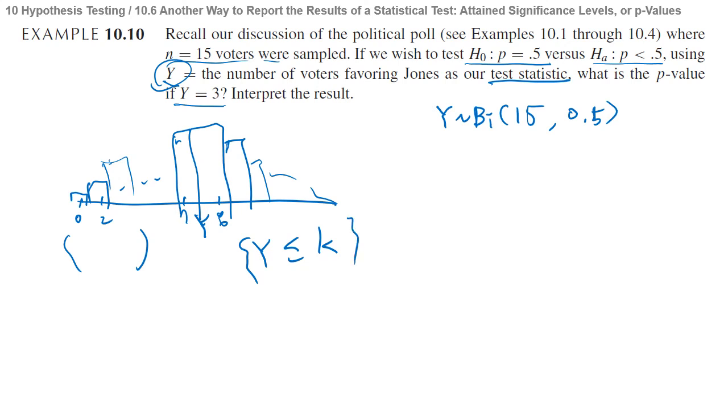For alpha, you can calculate it if alpha is decided, but that's not needed. We want to calculate the p-value if y equals 3. So we want the probability of y less than or equal to 3, because if y is less than or equal to 3, we can reject the null hypothesis.